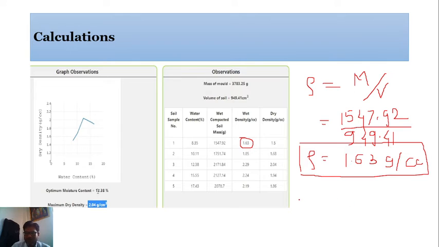Now we have to find out the dry density of soil.